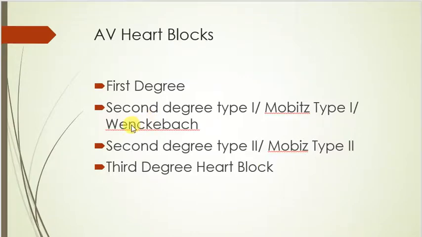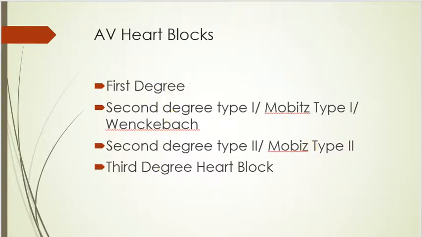You also hear them called second degree AV block type 1, second degree AV block type 2, or third degree AV block. You also hear them called Mobitz type 1 or Wenckebach for the second degree type 1.